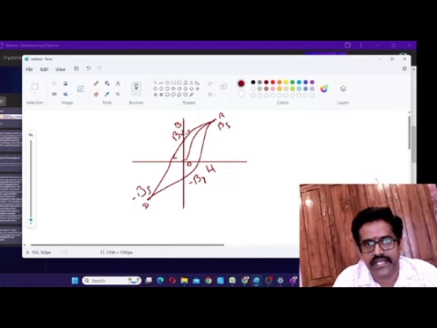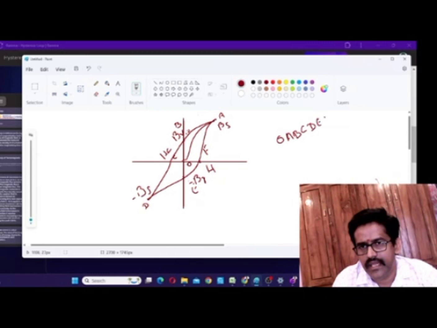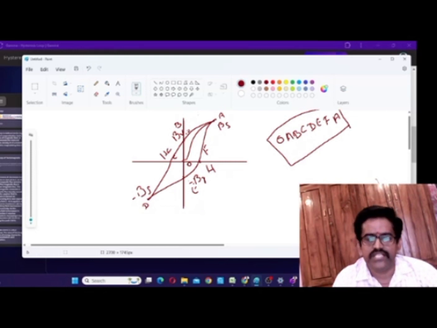This point C is Hc, the coercivity. Then points E and F complete the loop O, A, B, C, D, E, F, and A. This loop is known as the hysteresis loop. This hysteresis loop occurs only for ferromagnetic material.